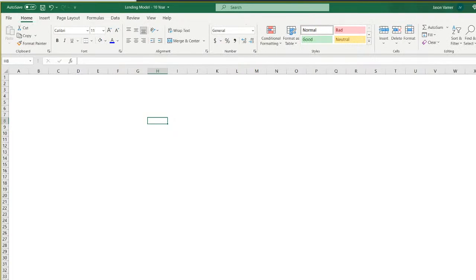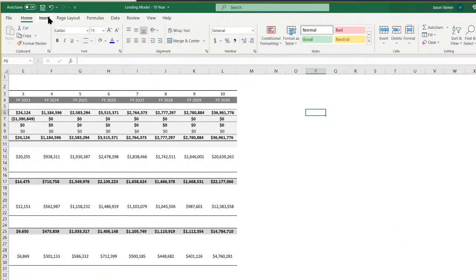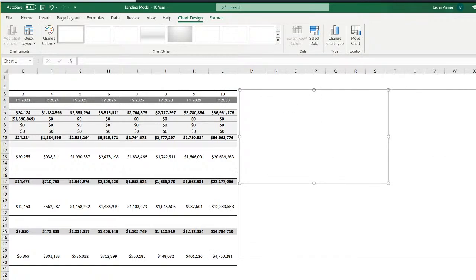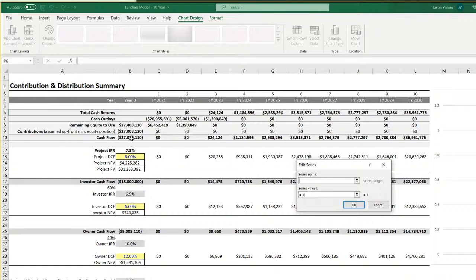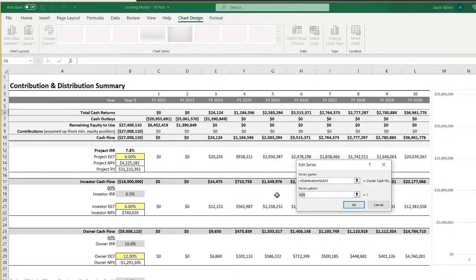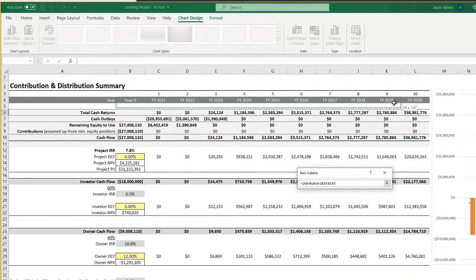So first we'll do some. Usually I put some on the distribution tabs as well to see investor versus cash flow. We just don't have a whole lot of room, but let's do it anyway. We just put it over off to the side. I try to keep it pretty simple, just so we got cash flows for investors, cash flow for the owners, and then we got the periods.